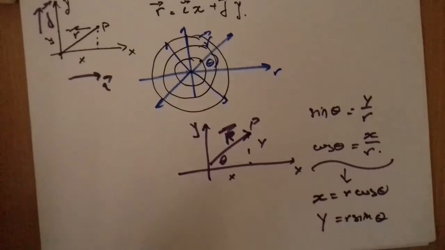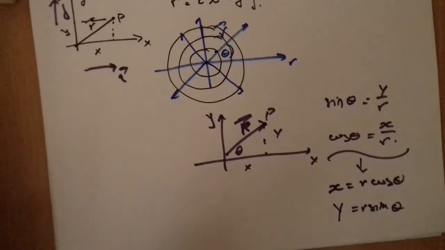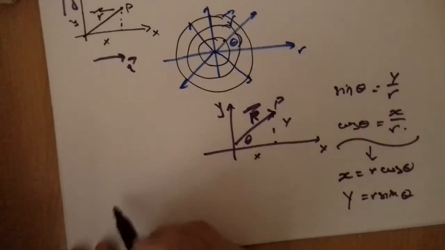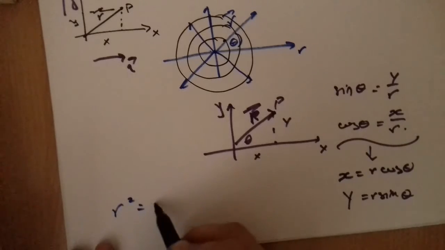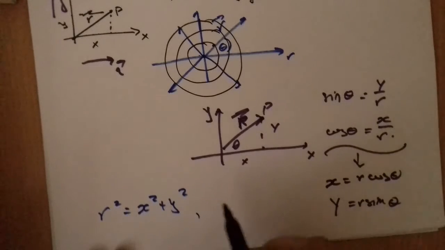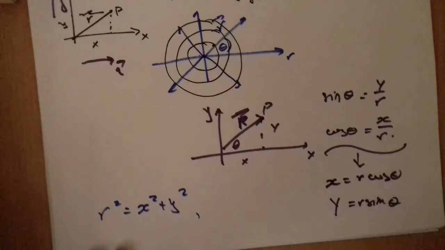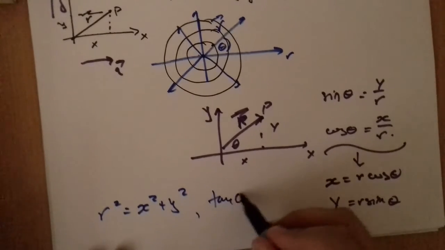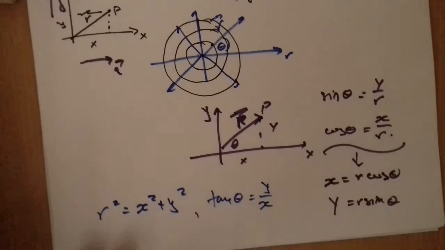For example, if we have x and y, we can find r and the angle theta. Of course, we have some relations, for example, r squared is x squared plus y squared, and tangent of theta is y over x.